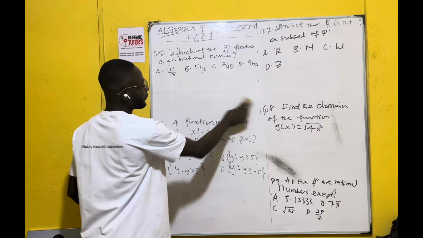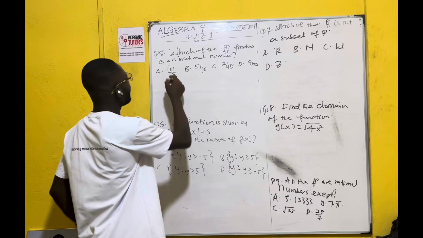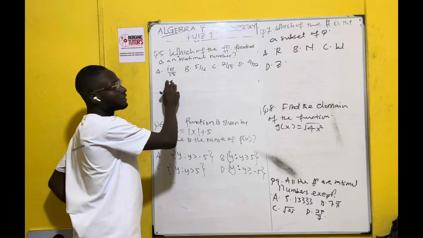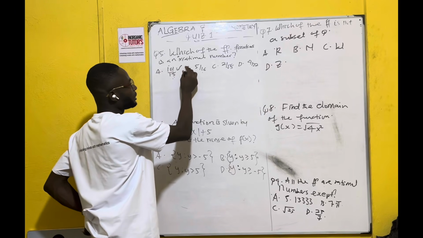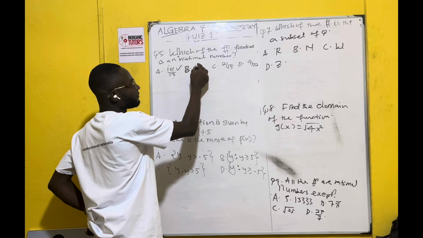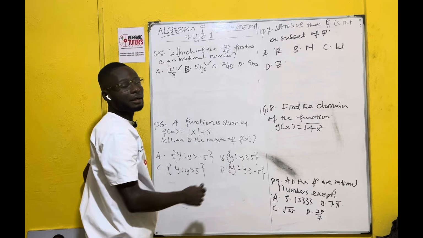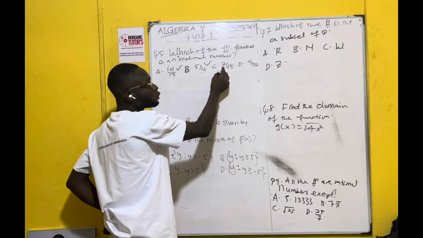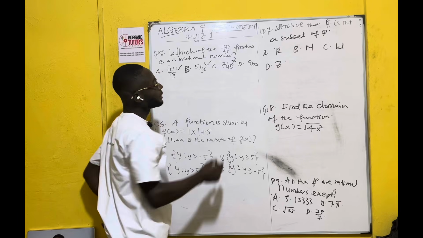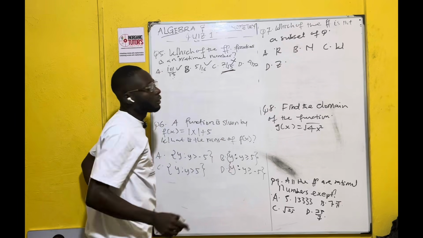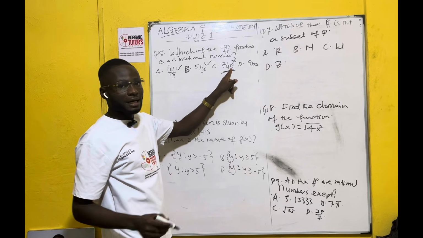So we have 101 over 15. This is not an irrational number. This is a rational number. B, we have 5 over 16. This is a rational number. C, we have 2 over square root of 5. This is an irrational number because the square root is at the denominator.